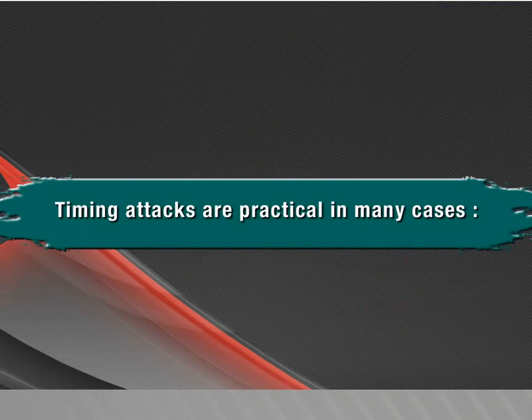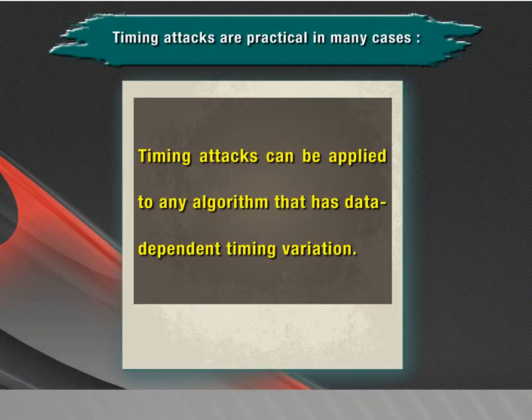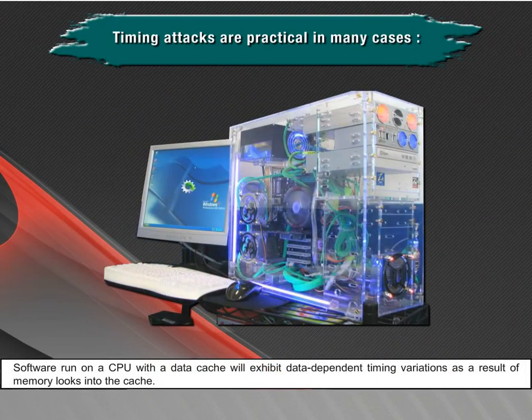Timing attacks are practical in many cases. Timing attacks can be applied to any algorithm that has data-dependent timing variation. Software run on a CPU with a data cache will exhibit data-dependent timing variations as a result of memory lookups into the cache.